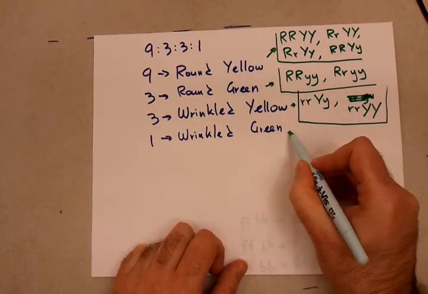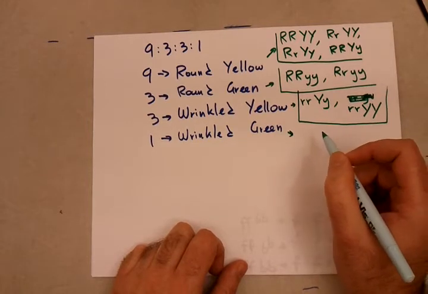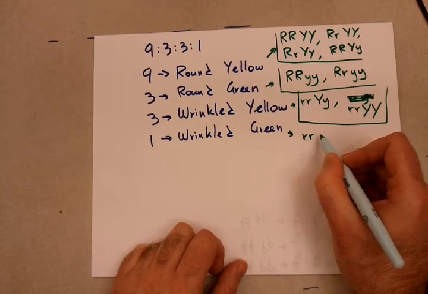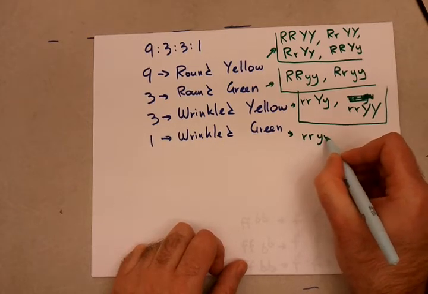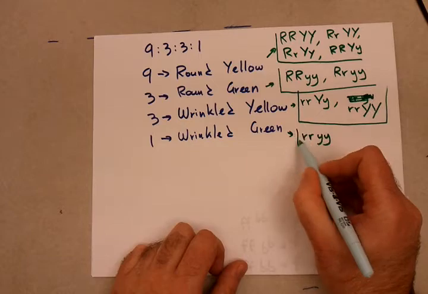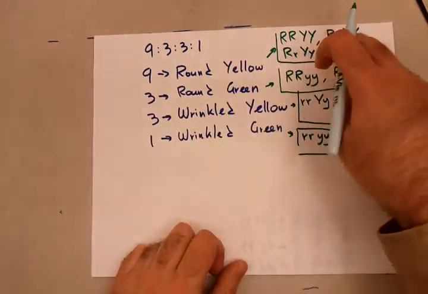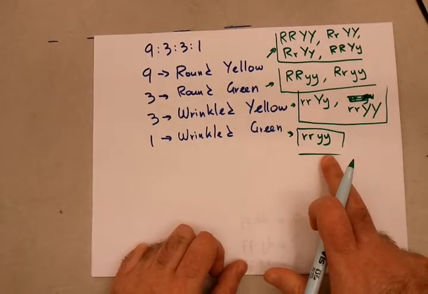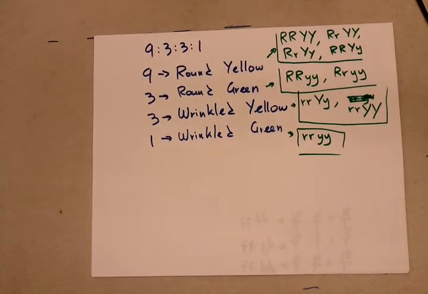And of course, for wrinkled green or pure recessive for both traits, the only thing that'll get us that is little r, little y, both traits being recessive, which is why you see 9 of these, because so many more combinations can give you that versus only 1 of those, because only 1 combination can get you that.